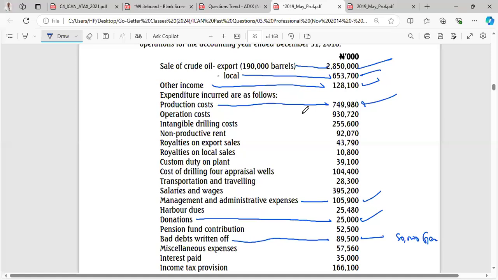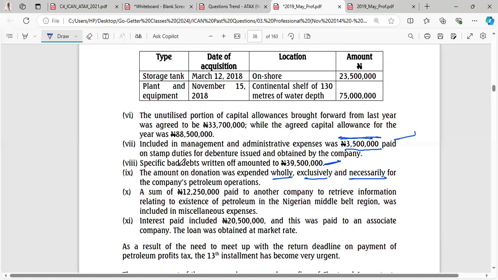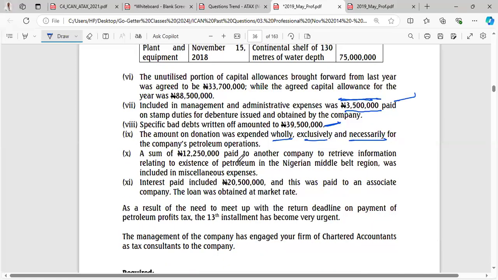Now the next thing, see the systematic way you are running down through your additional information. A sum of 12,250 paid to another company to retrieve information relating to the existence of petroleum company in the Middle Belt region was included in the miscellaneous expenses.